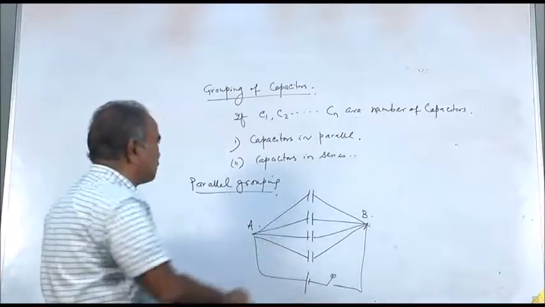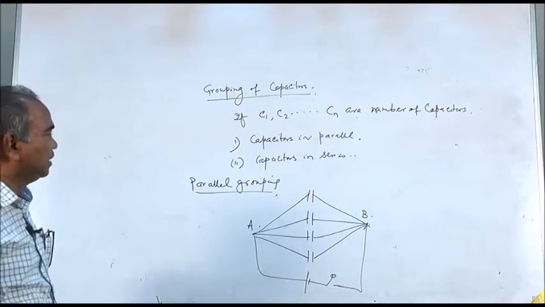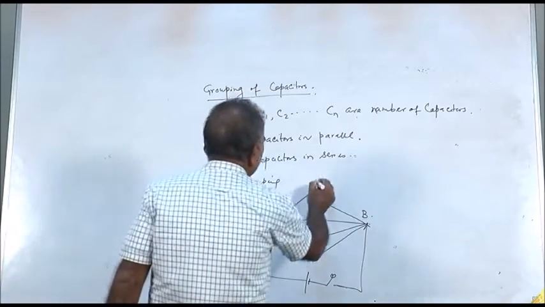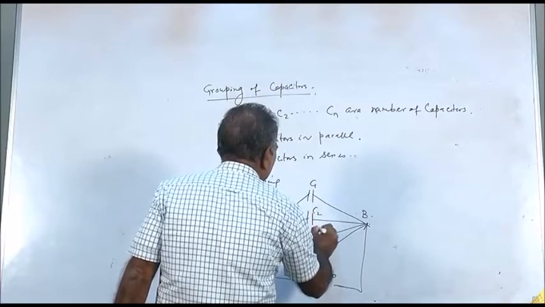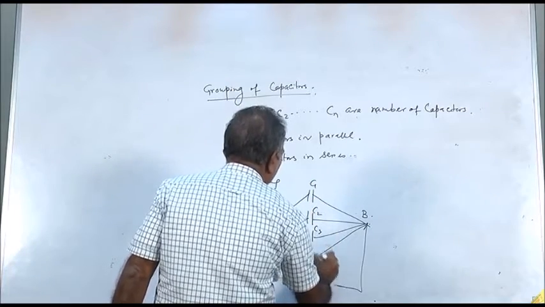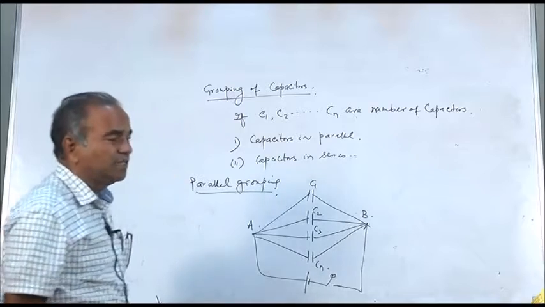So this type of grouping is called parallel grouping. And this is C1, C2, C3 and Cn. They are the capacitors, they are connected in parallel.